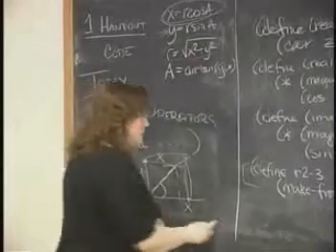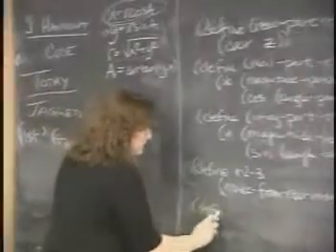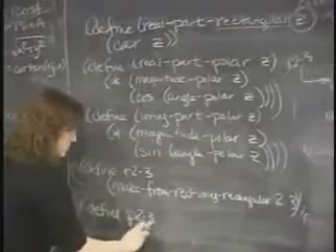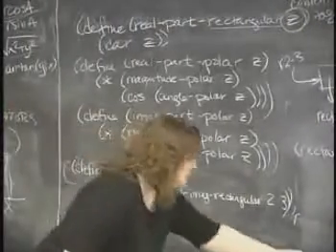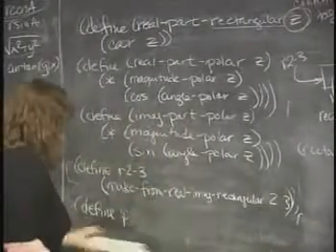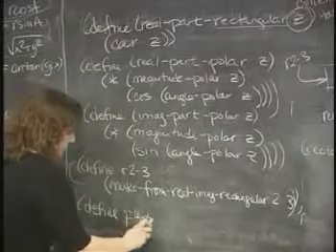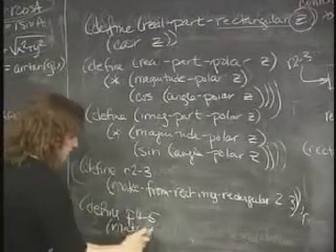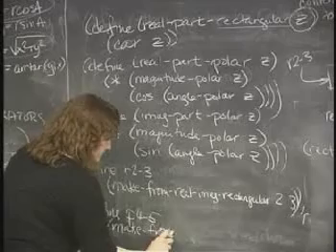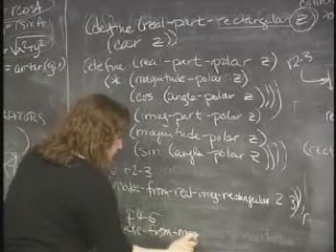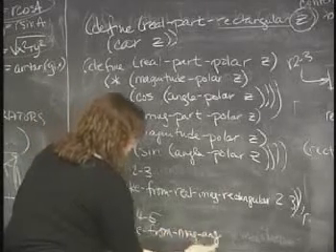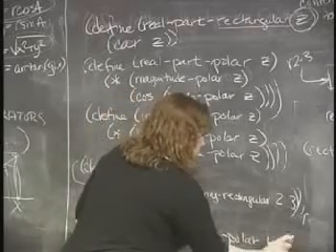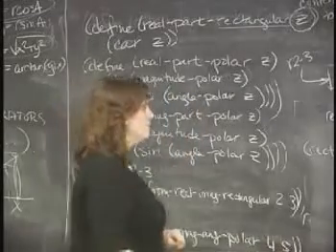Okay. Similarly, we could define polar 2, 3. Or we could change the numbers, I suppose. Polar 4, 5 to be make-from-mag-ang polar 4, 5.